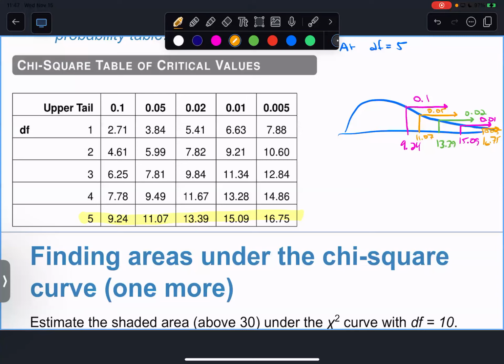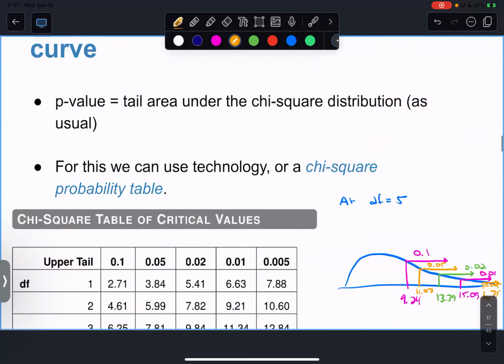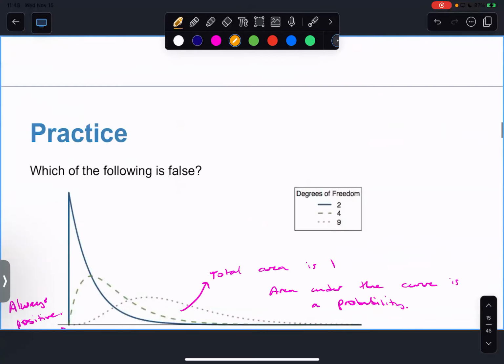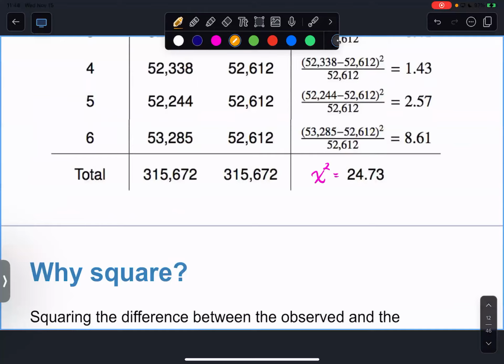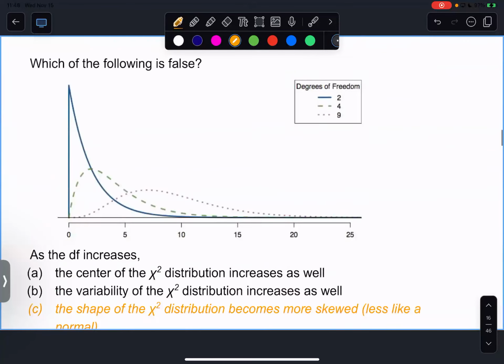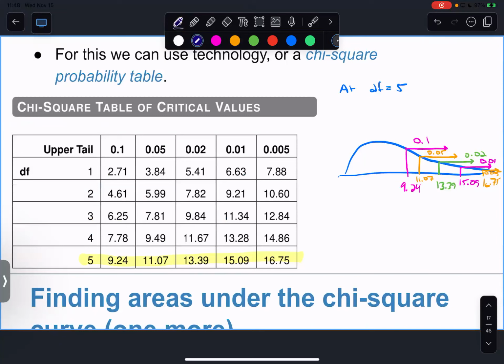So if we have a chi-squared value that we've calculated, what could I do? We calculated a chi-squared of 24.73.